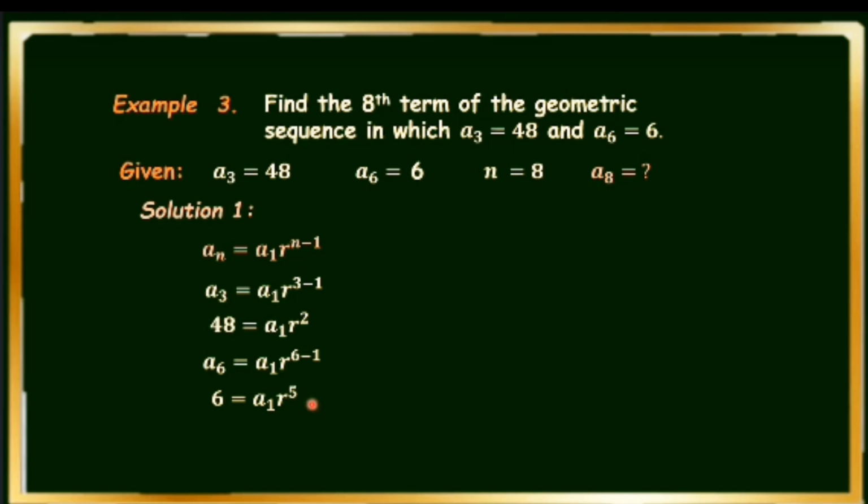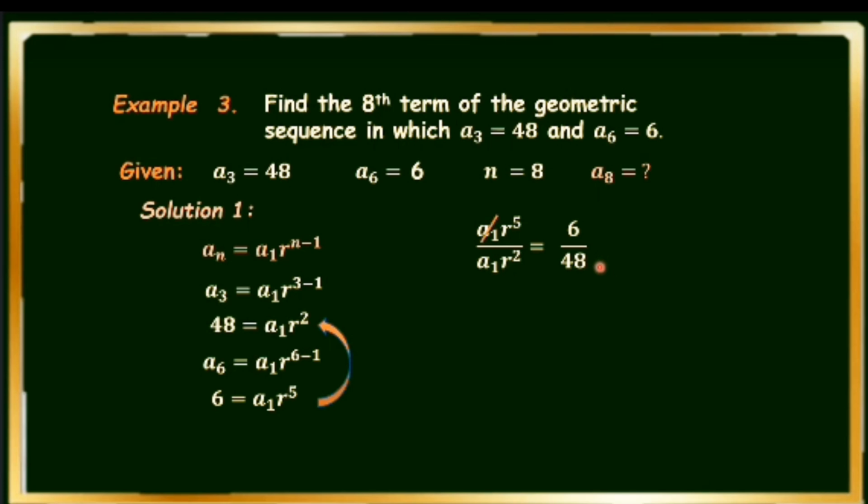So we're going to put together these two equations by means of division. So we're going to divide a sub 1 r to the 5th by a sub 1 r squared. So this is equal to, now since a sub 1 r to the 5th is 6, so we have 6 over the other one, which is 48.